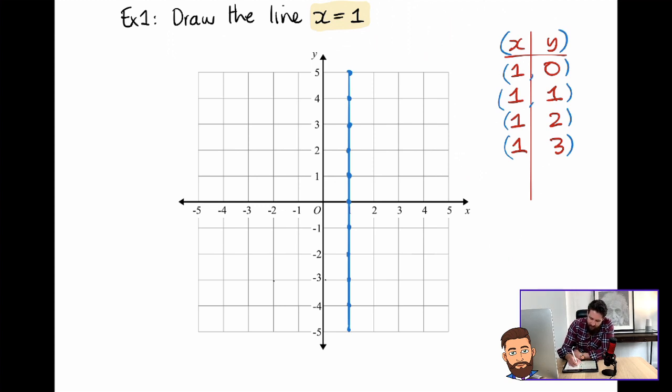It's telling us that for any point of y, whatever y is, x will always be 1, which essentially means it is a straight line. So x equals 1 would be the blue line that I've just drew there. It is a straight line that goes directly through the x-axis at 1.